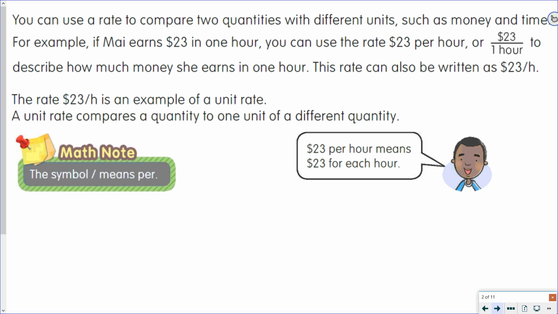It's a rate because it's using two different measurement systems, dollars and hours. And it's a unit rate because the $23 is being compared to 1 hour. So a unit rate compares a quantity to 1 unit. So in this case, our 1 hour of a different quantity.